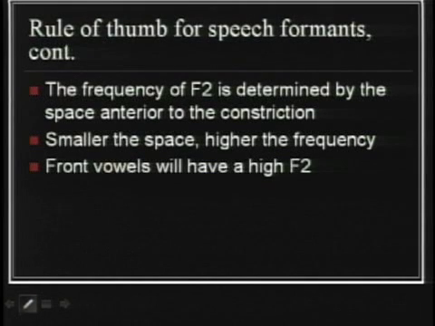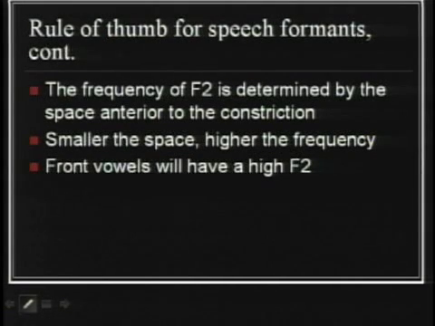Now F2, same concept, but now we're considering the space in front of the constriction. That means if you have a front vowel, like an E, you have a relatively small space in front of the constriction. Little spaces give you high frequencies.